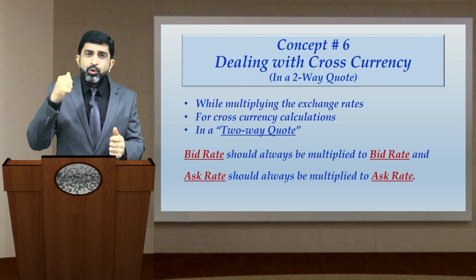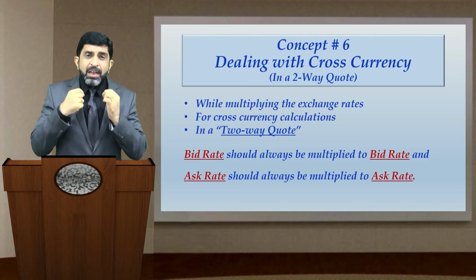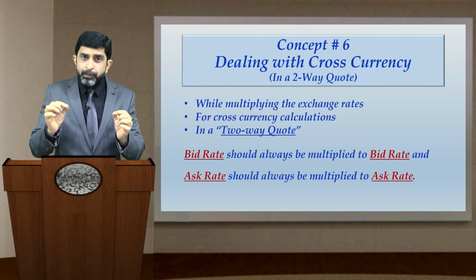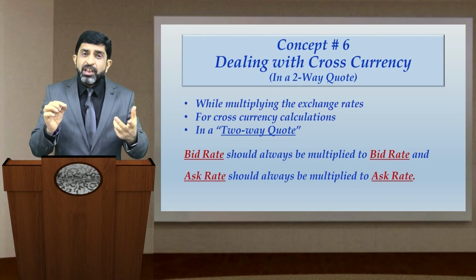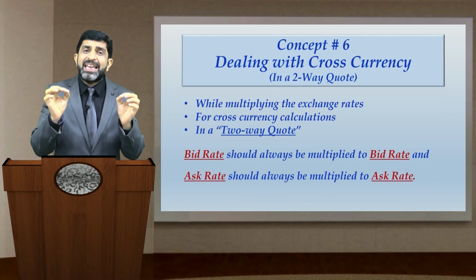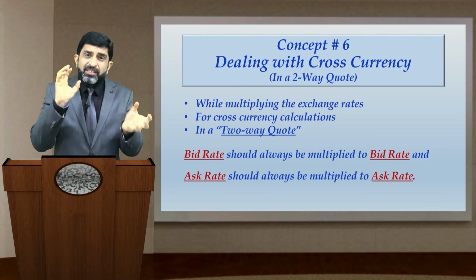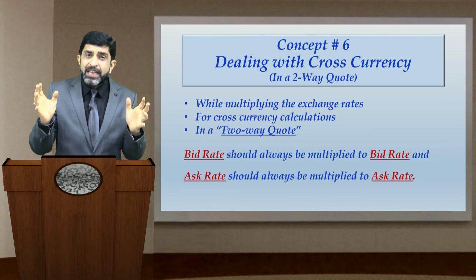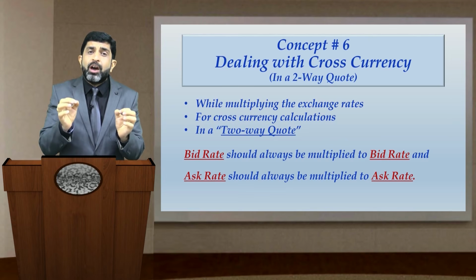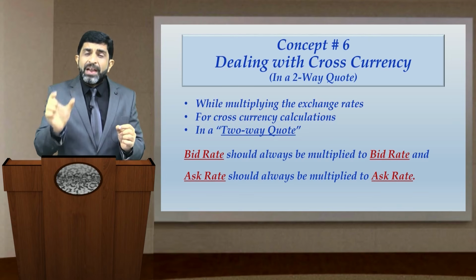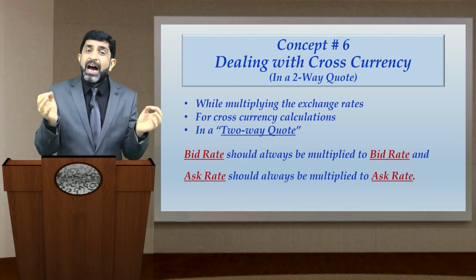The example that we took some time back, I wanted to buy 1 GBP and what I had to pay in exchange from my pocket was INR. But this exchange could not be made directly because there was no direct quote available with respect to 1 GBP equals how many INR.